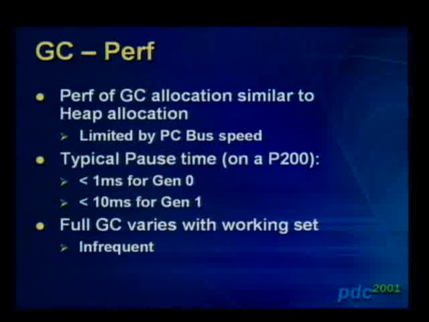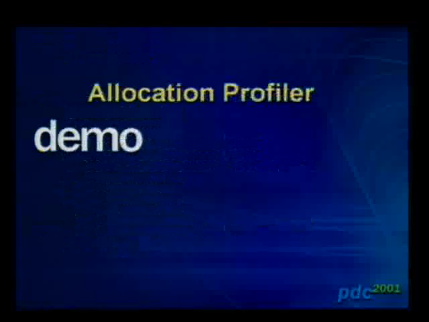For a Gen 1 collection, it's about an order of magnitude more, about 10 milliseconds. And a full GC, where you're collecting and compacting the entire heap, varies with the full working set, and it is very infrequent. You can look at and measure many of these using our performance counters as well.